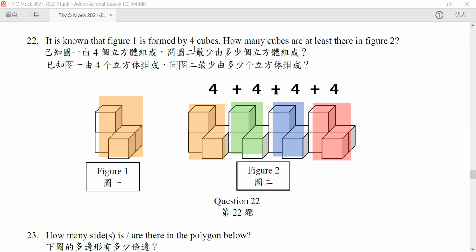So in total, there will be 4 plus 4 plus 4 plus 4, and hence our answer is equal to 16. Okay, this will be 4 plus 4 plus 4 plus 4 is equal to 16.